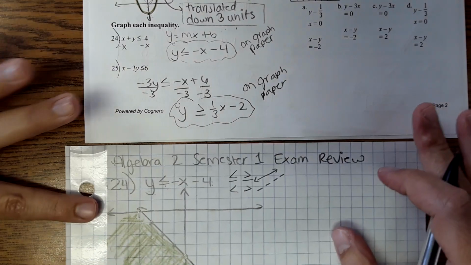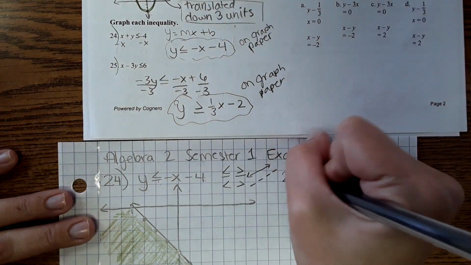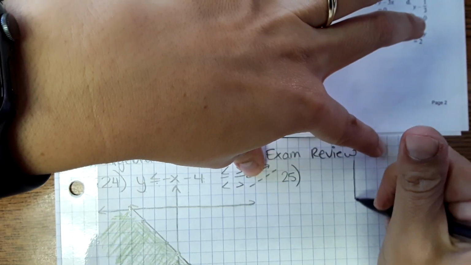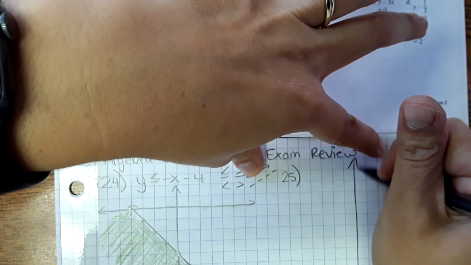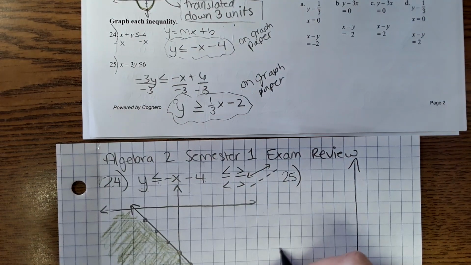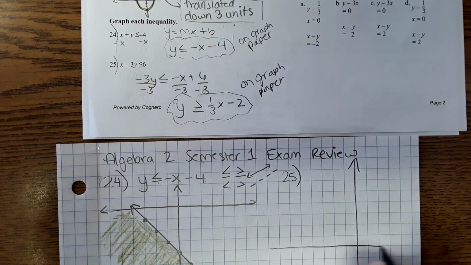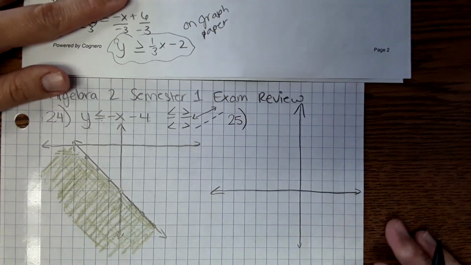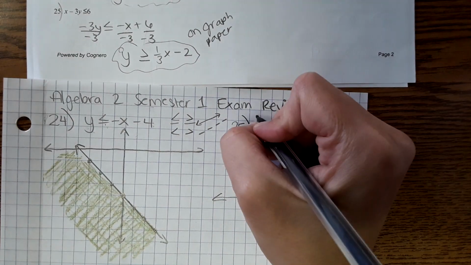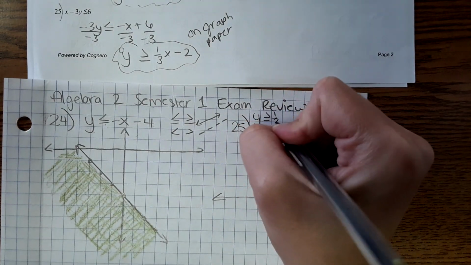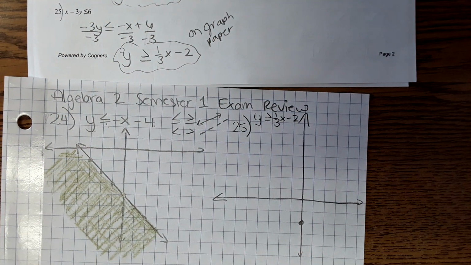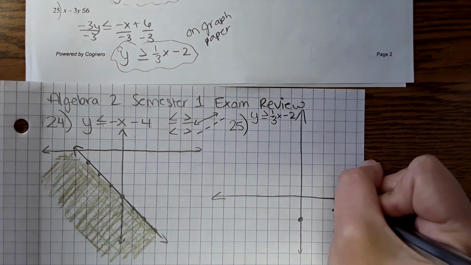Okay, zooming out again. Now I'm going to graph this one. 25. The equation is y is greater than or equal to 1/3 x minus 2. So y-intercept at -2. Slope of 1/3, up 1 over 3.